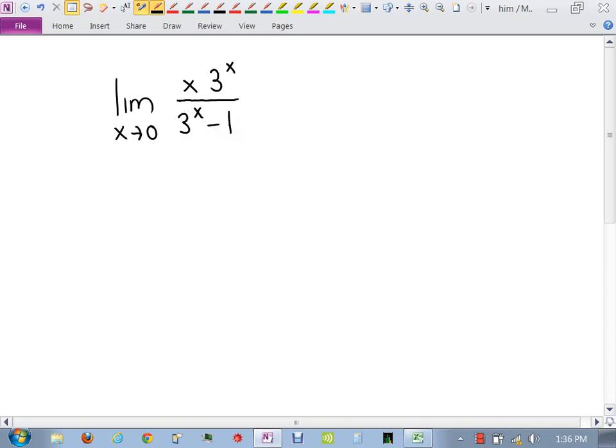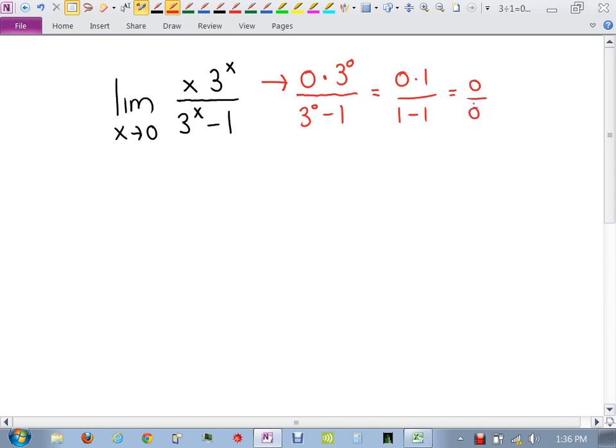If I let x go to 0, I get 0 times 3 to the 0 over 3 to the 0 minus 1. That's the same as 0 times 1 over 1 minus 1, which is 0 over 0.